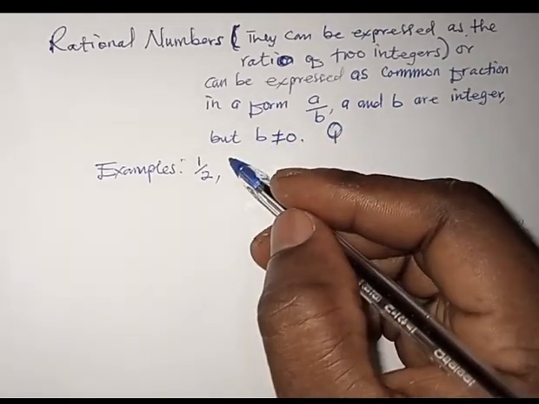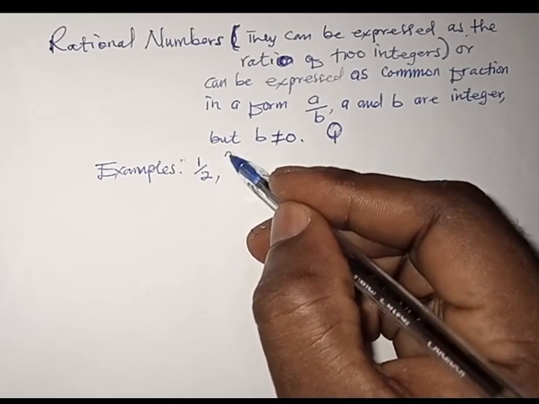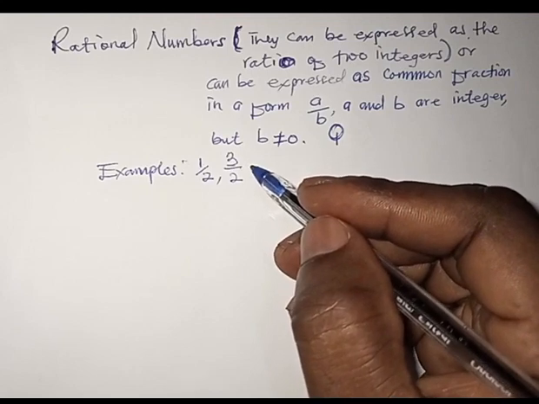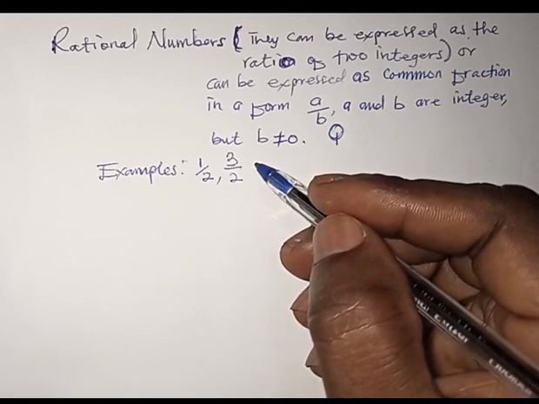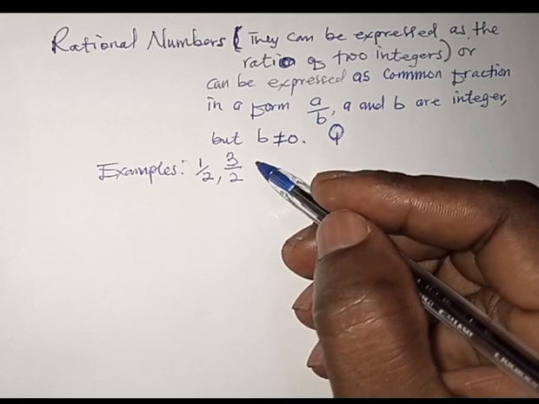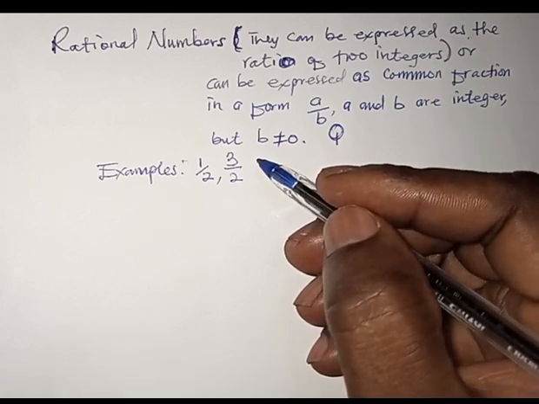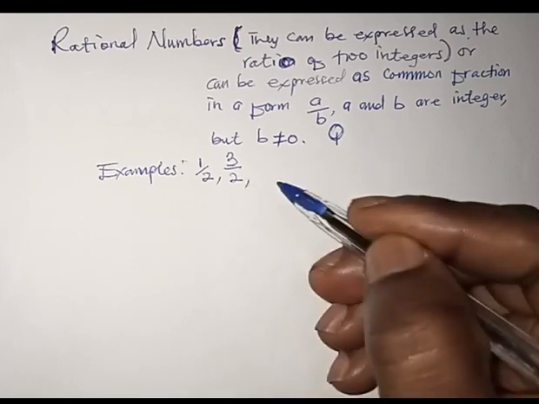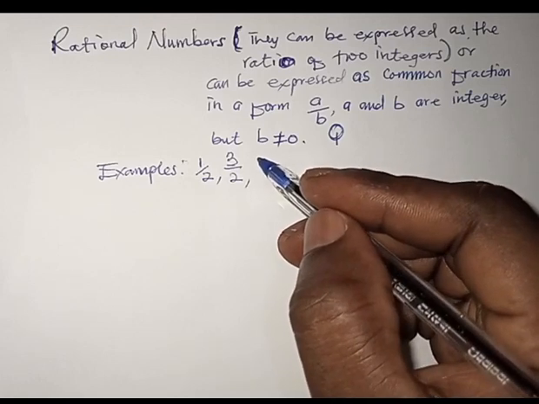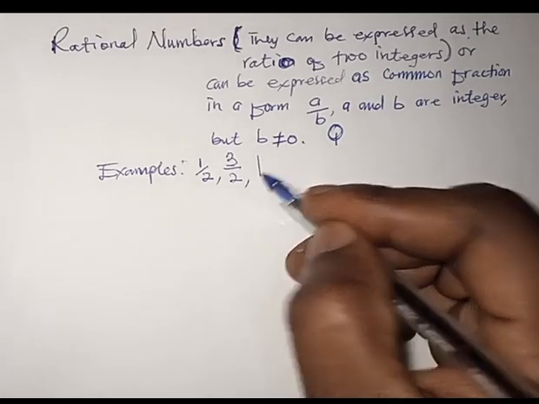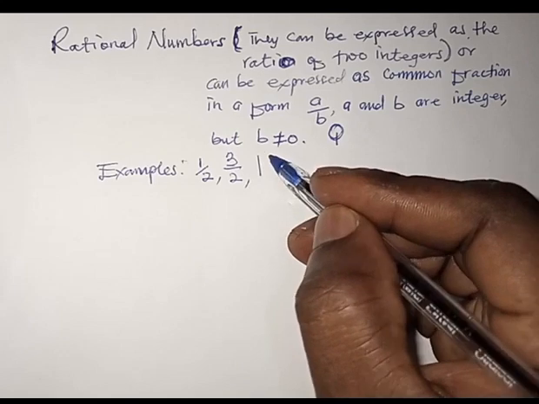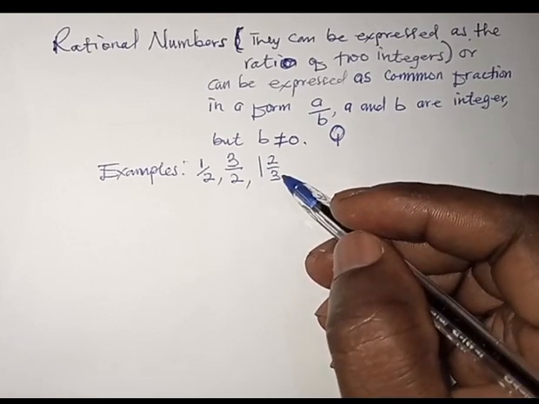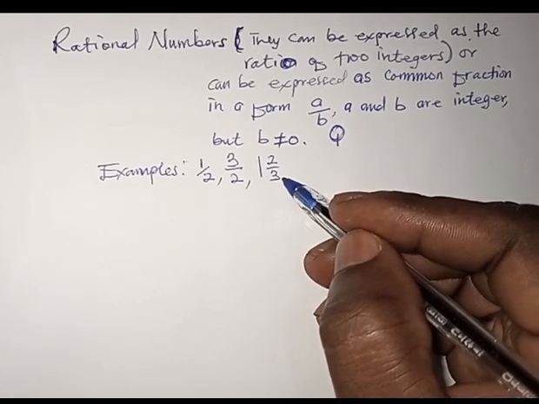If I write 3 on 2, this is an improper fraction because the numerator is greater than the denominator. It is also an example of a rational number. Let me write a mixed fraction, 1 whole number 2 on 3. This example is also a rational number.